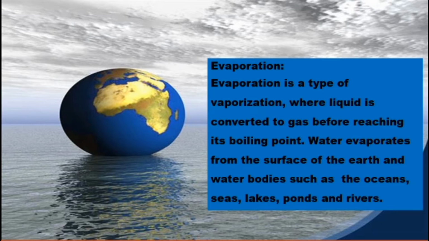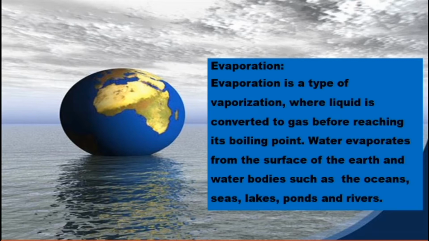Each liquid has a certain boiling point, and normally after reaching it the liquid becomes gas, but here it is not like that. Before reaching the boiling point, it becomes evaporation.